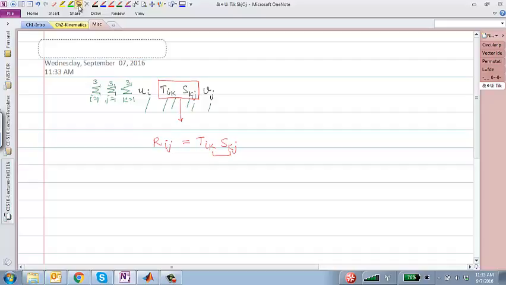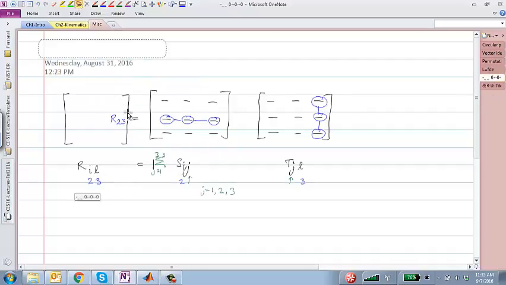If I have 2 sets of matrix components, 2 tensor components, and I do a normal matrix multiplication of this matrix with this matrix, I get a resulting matrix R. For that resulting matrix, any component IL can be given by Sij, Tjl. So the second index of the first matrix and the first index of the second matrix must be the same, and it should be repeated. When we have that sort of an operation, that amounts to a matrix multiplication.